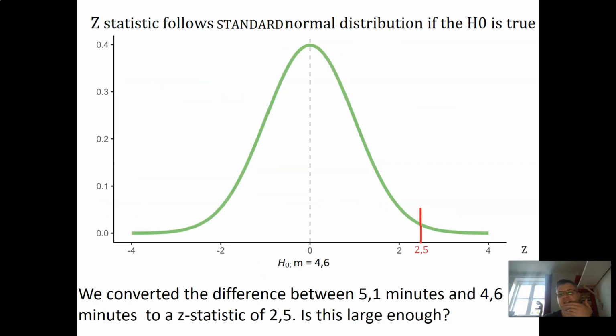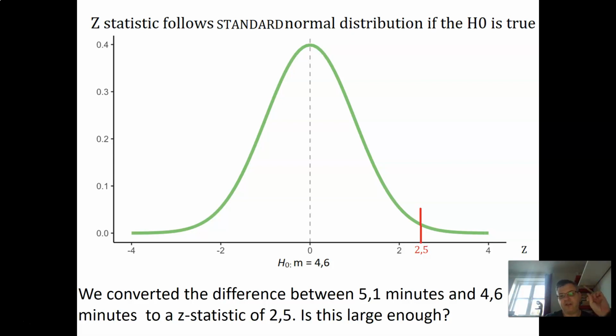We calculated this statistic at the beginning already, and it was equal to 2.5. If we plot it in this graph, we see that it's to the right of our zero value. The question is, of course, about this difference between 5.1 minutes and 4.6 minutes that we have calculated.